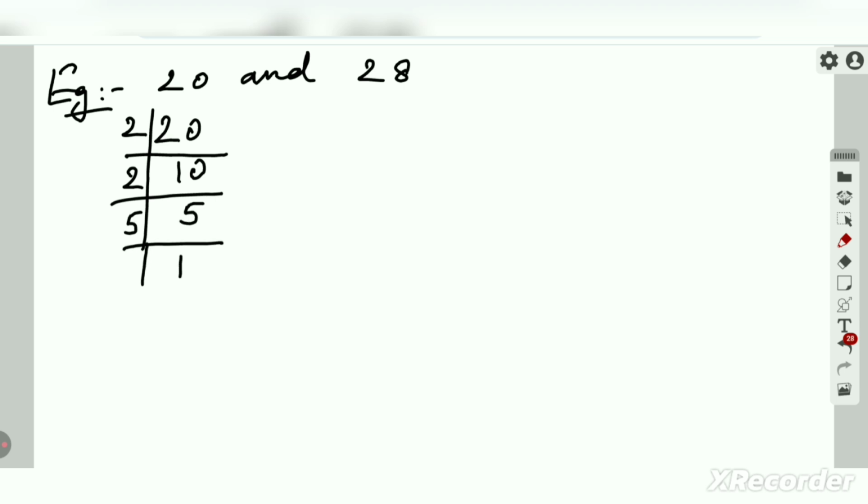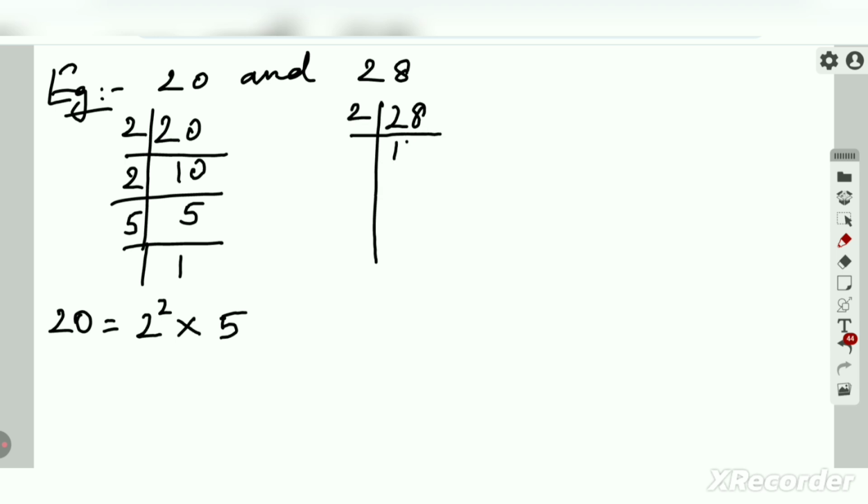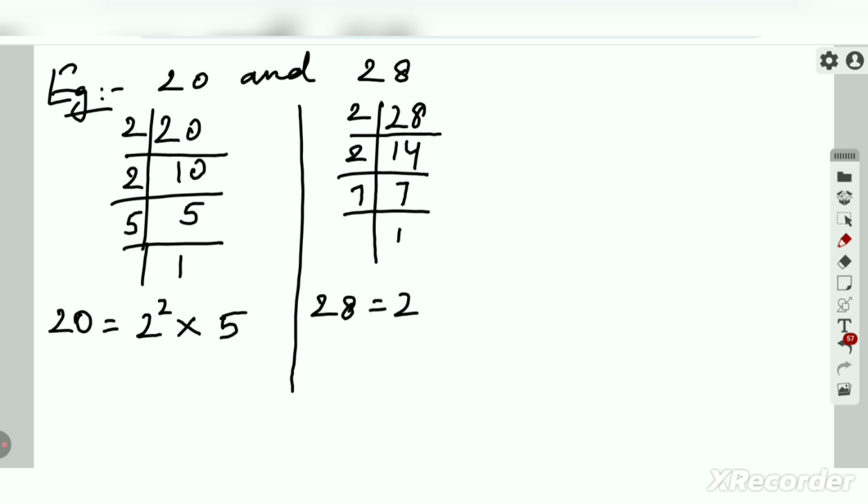You can stop here. So 20 can be represented as 2 square into 5. Now doing for 28. 2 14s are 28, 2 7s are 14, 7 ones are 7. So you got 28 as 2 square into 7.